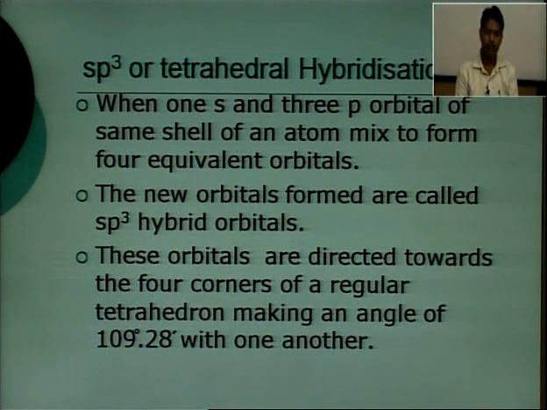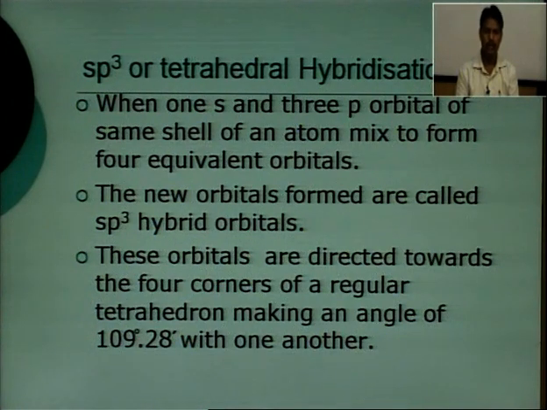Before hybridization the orbitals were s and p, but after hybridization all the orbitals are equal in energy, and the name of all the orbitals is sp3, that is, all four orbitals are sp3 hybridized orbitals.